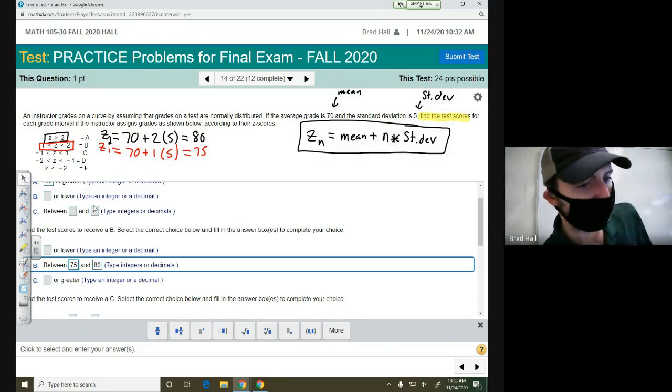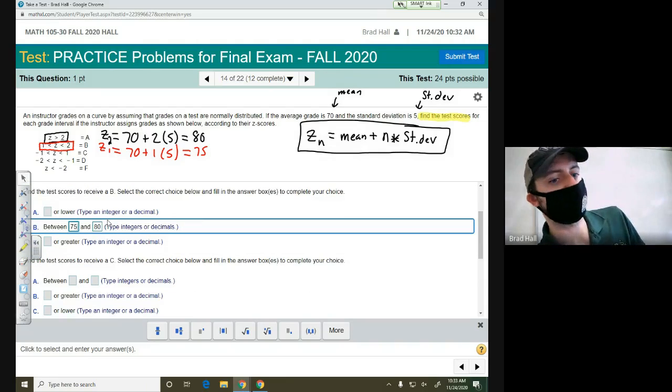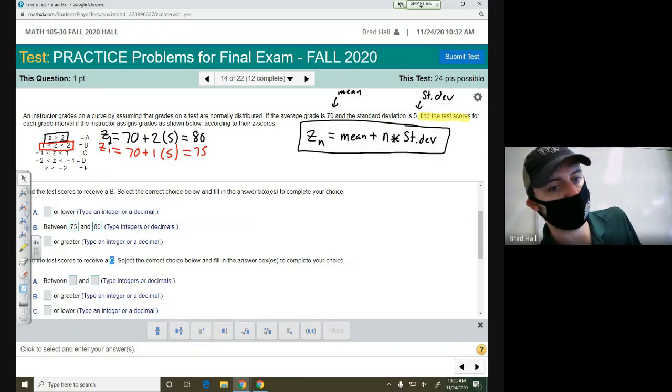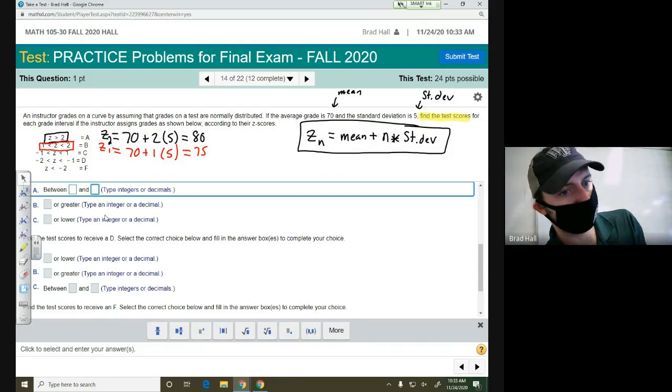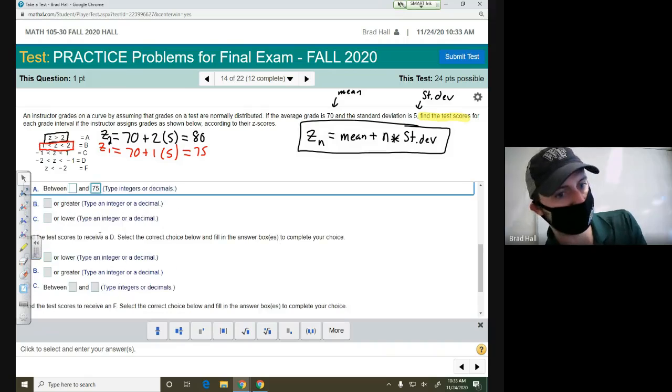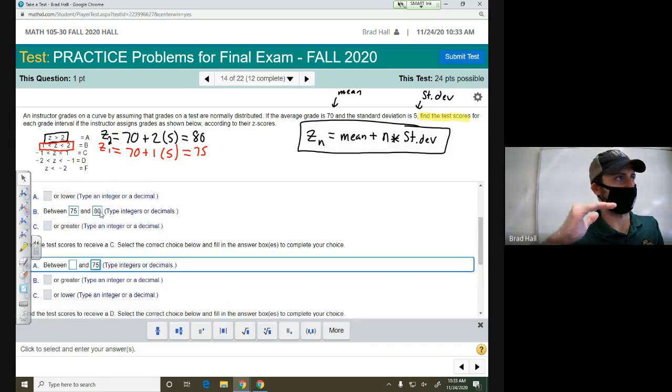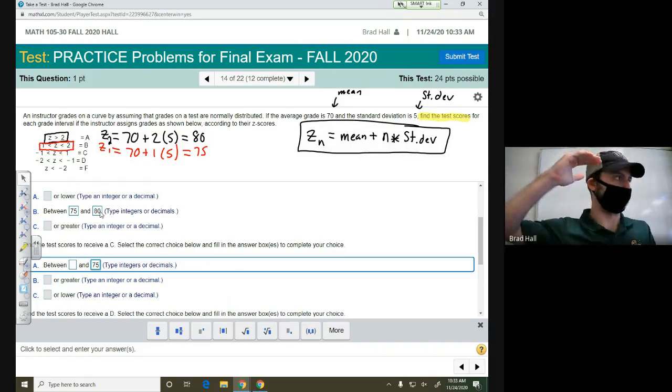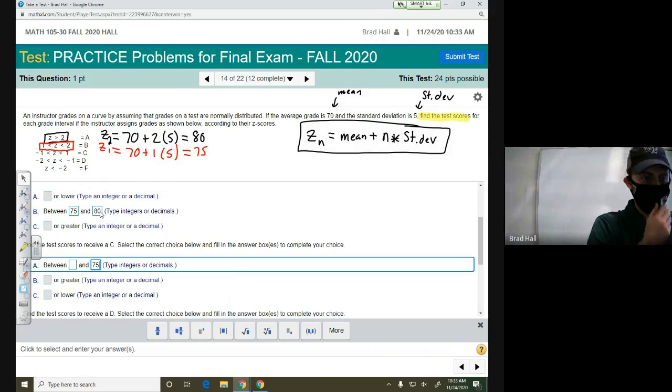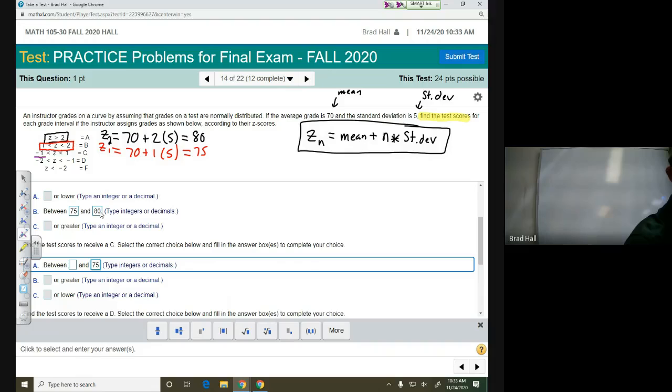From here, we can figure out the range to get a C. We know the upper bound is 75. Once you exceed the upper bound for a C, you go right into a B grade. So for C, all we have to do is figure out the lower bound, which is a z-score of -1.